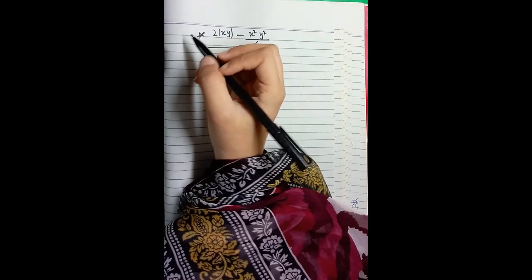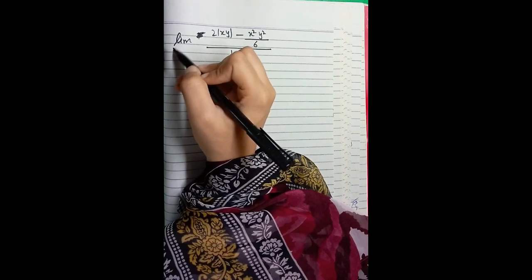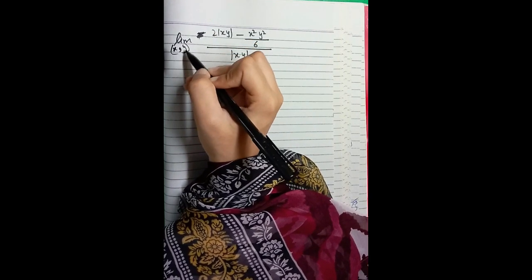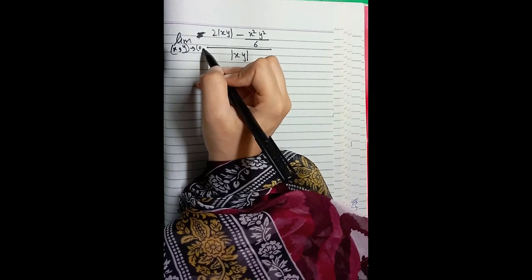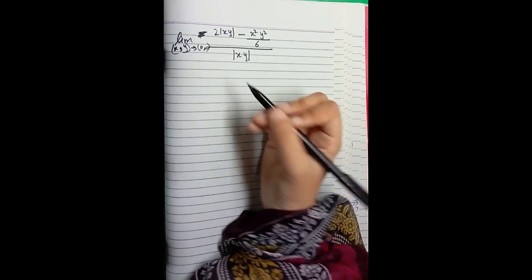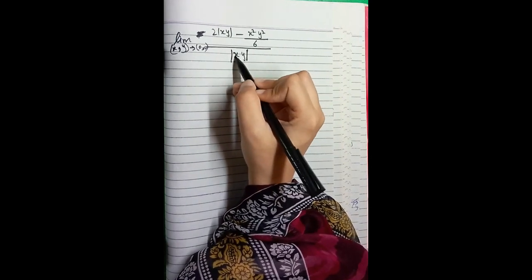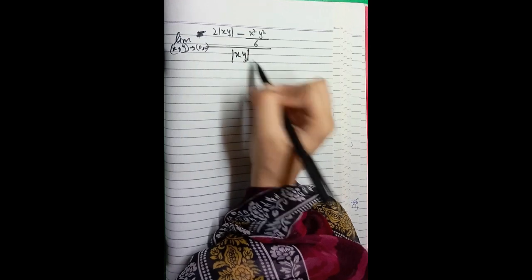This is also very important and different from the other questions. In this our limit xy belongs to 0 0. Okay, so this is our question. In this we are having something different, which was not in the previous question.